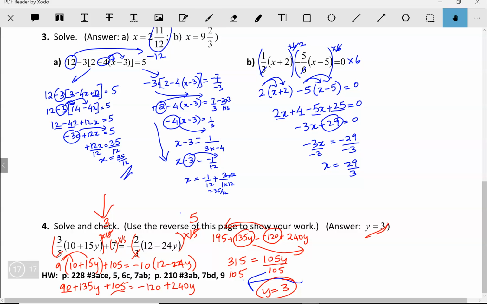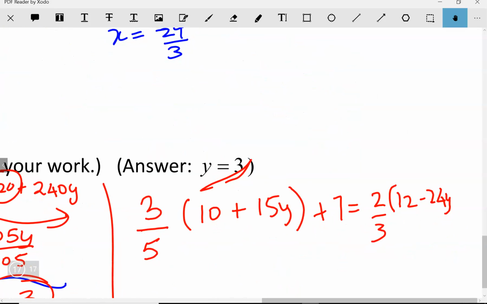But you are hopefully checking and doing like 3 over 5 bracket 10 plus 15y. I will show you a shortcut to do this question. If you take a look at this side, you can see that inside my bracket I have a 10 plus 15y.